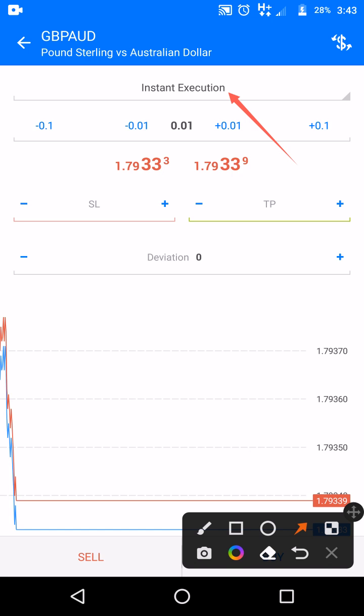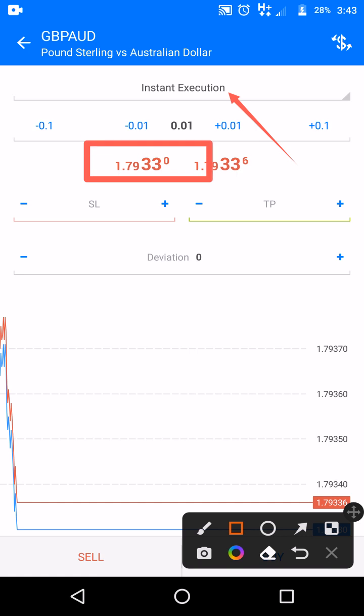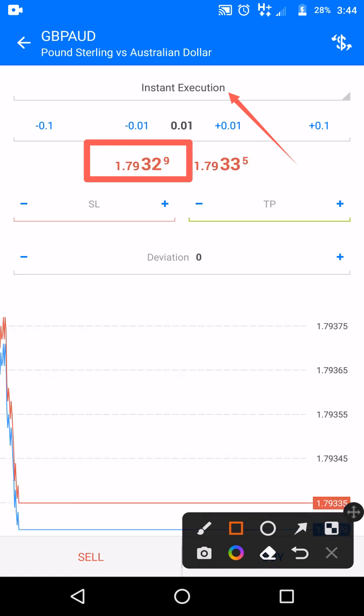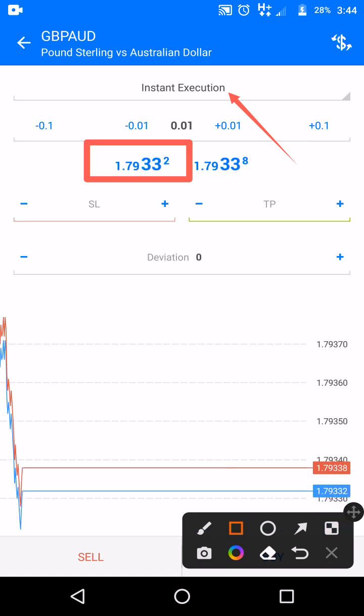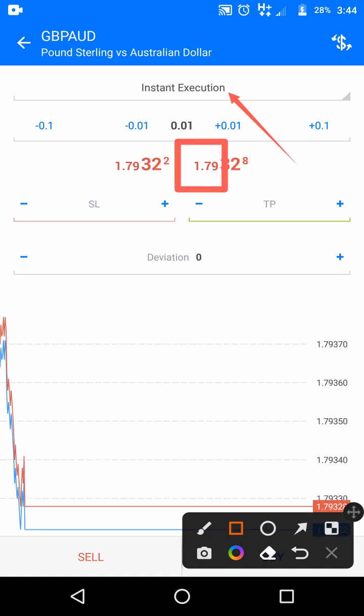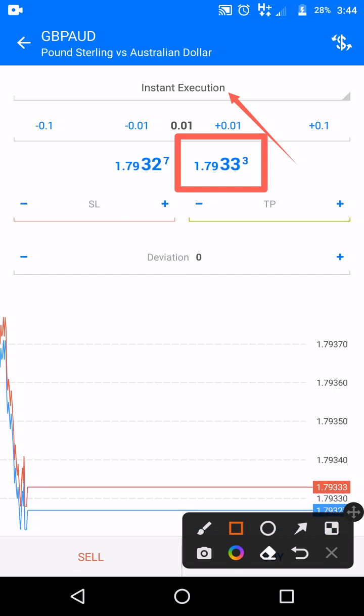Right now we can say that the selling price for this market is this. So if I want to sell, and I click sell, it will actually sell at this particular place. If I want to buy, it will buy from here.